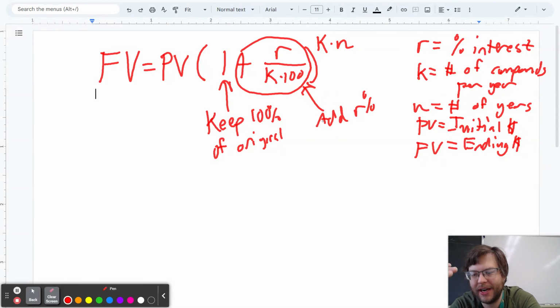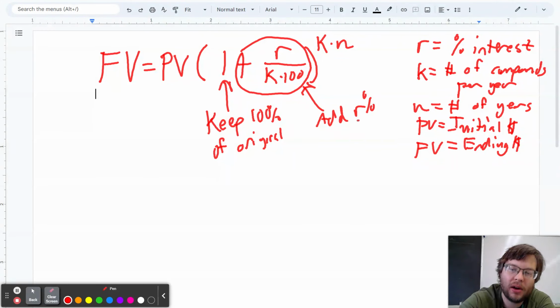The reason it's divided by K is because if you get the interest 2 times a year, you get 1/2 of the interest each compounding. If you have 12 compounds a year, you get 1/12 of the interest. So you add R divided by K, and then up here, you do that K times per year.